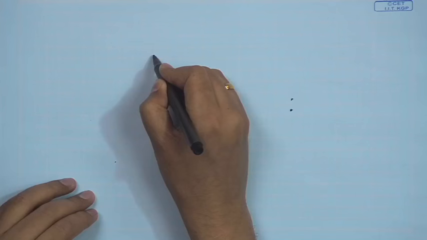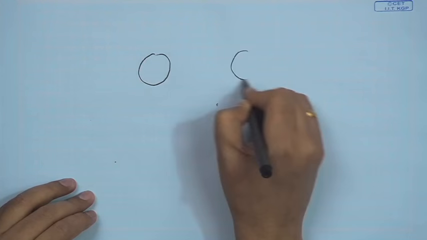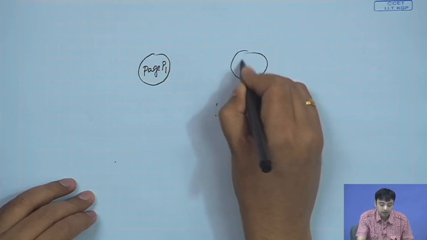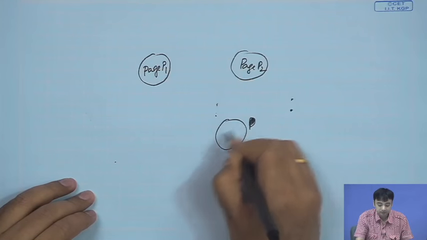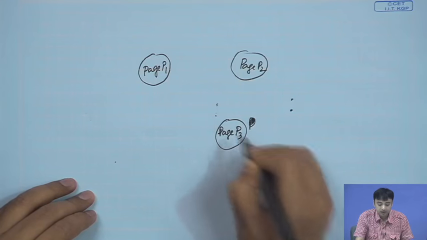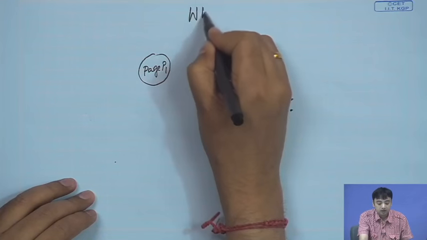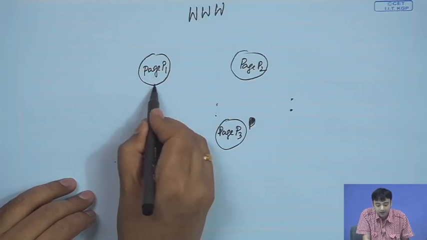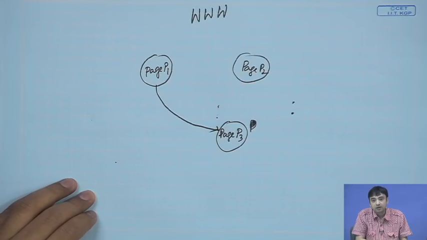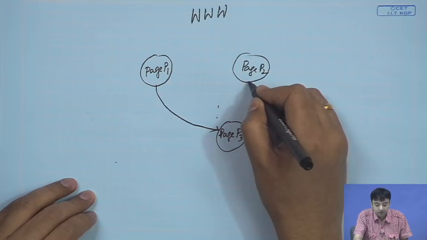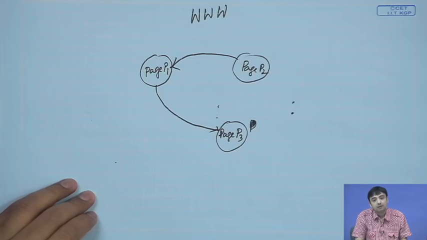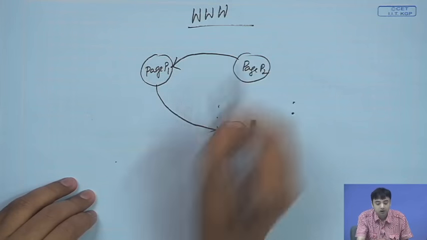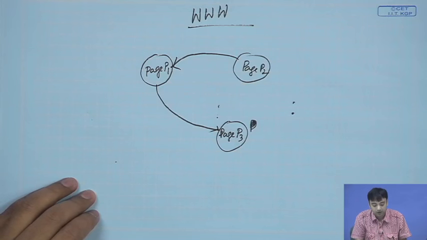Basically in a World Wide Web graph you will have nodes which are pages, say page P1, page P2, page P3 and so on. If there is a hyperlink from page P1, you draw a directed edge like this. There could be another hyperlink, say from page P2 to P1, you draw a directed edge like this. Okay, and this is a typical representation of a World Wide Web graph.